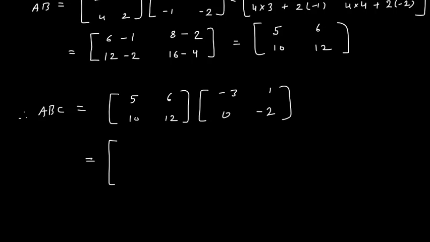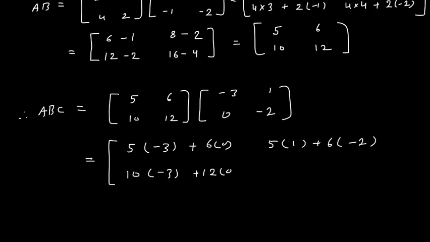So it is 5 into minus 3 plus 6 into 0, and here it is 5 into 1 plus 6 into minus 2. The second row will be 10 into minus 3 plus 12 into 0, and here it is 10 into 1 plus 12 into minus 2.